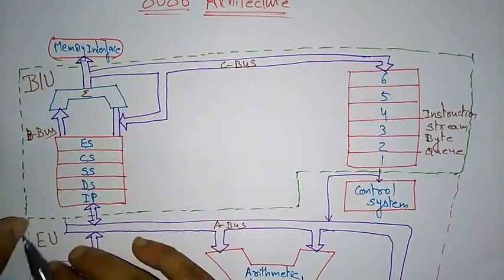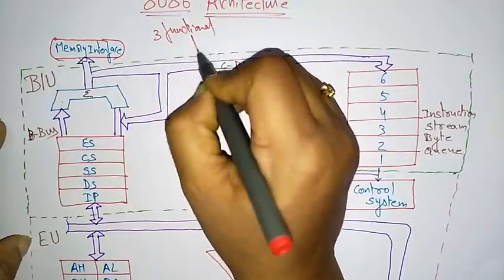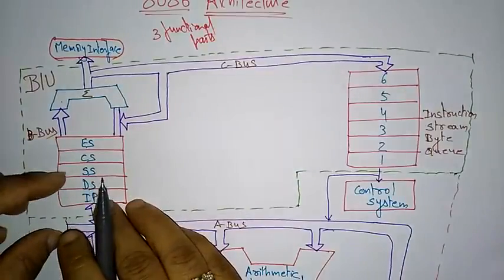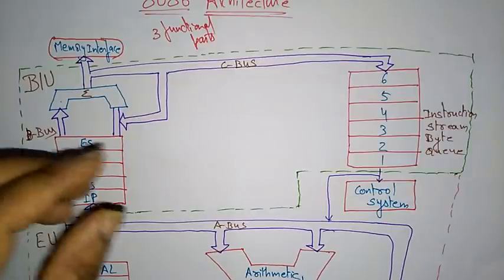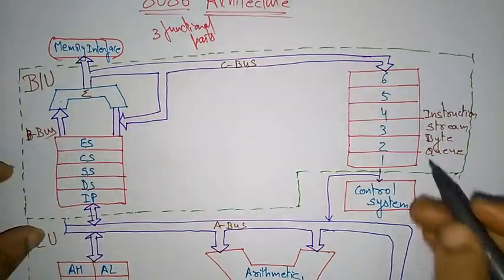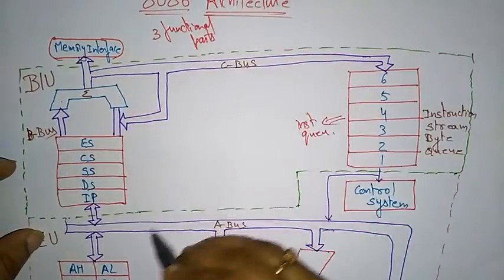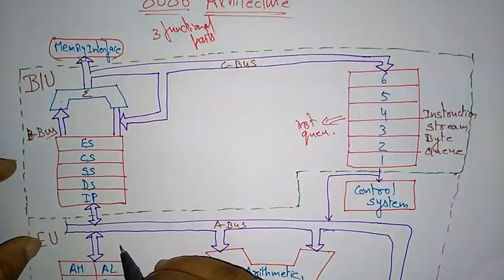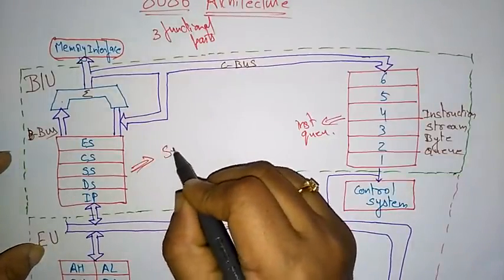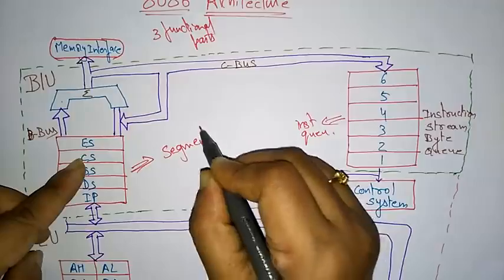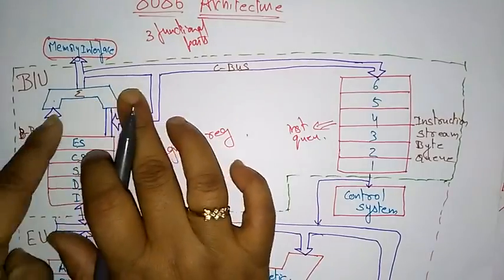The bus interface unit is divided into 3 functional parts: the instruction queue, the instruction pointer, and the segment registers.